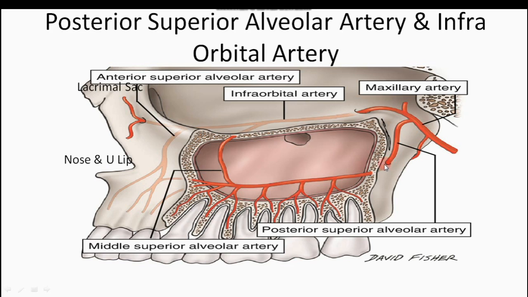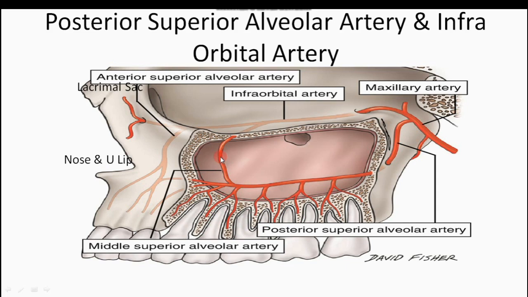From here it enters the maxilla. This area is the sinus. Clear? This artery keeps giving different branches and supplies the upper molars, third molar, second molar, first molar, as well as the premolar.